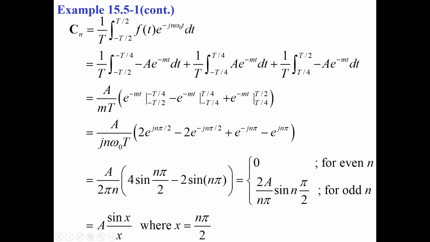Put up the values and simplify it, and at the end, when you use the Euler identity, you can sum up the form like that. If n is even, then these terms are 0. For n odd, these terms can be summed up like that. For odd numbers, you can just simplify these like this.